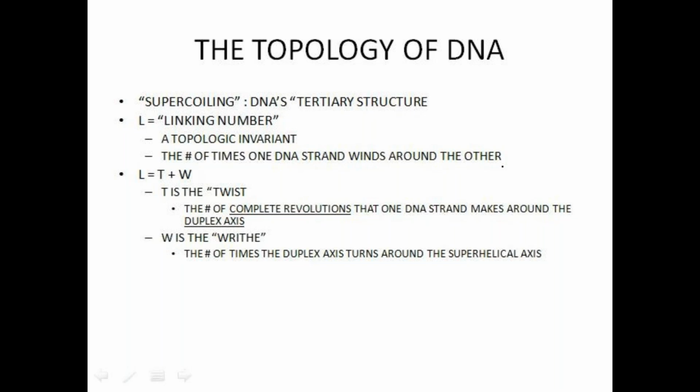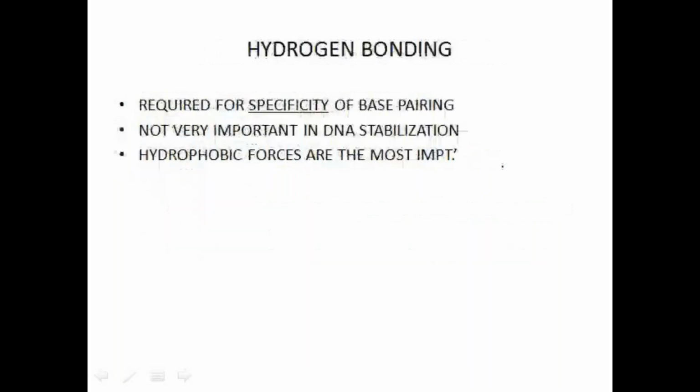Superhelical conformation is a tertiary structure defined by numbers called the linking number, twist number, and writhe number, and we will discuss these in the next class. Okay, the topology of the DNA, but this is the nucleic acid stability, the stability of proteins and nucleic acids, and these are the ones that are mainly affecting the structure of DNA and structure of proteins.